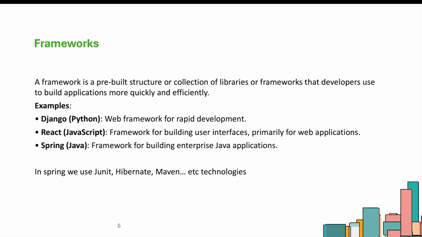So we use a framework to develop an application, and that framework internally has libraries. For example, in Python we use Django to develop web-based applications. The Django framework internally uses some Python libraries, like a database library or logging library, a lot of libraries. JavaScript uses React. For Java we have what is popularly known as Spring.